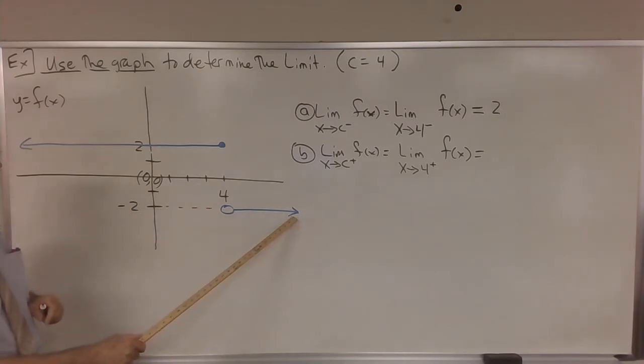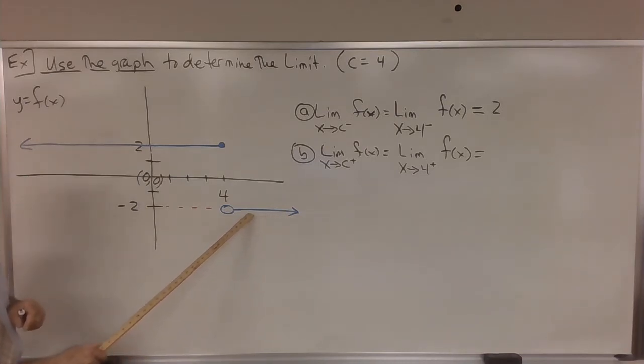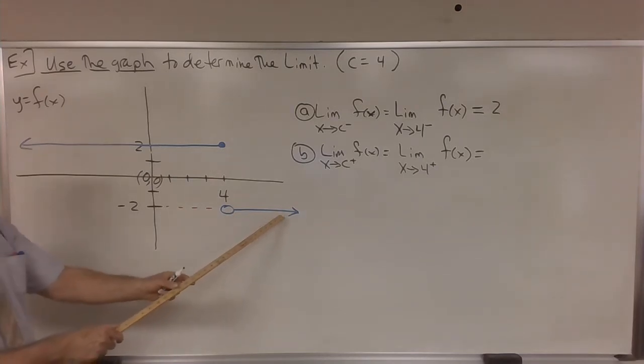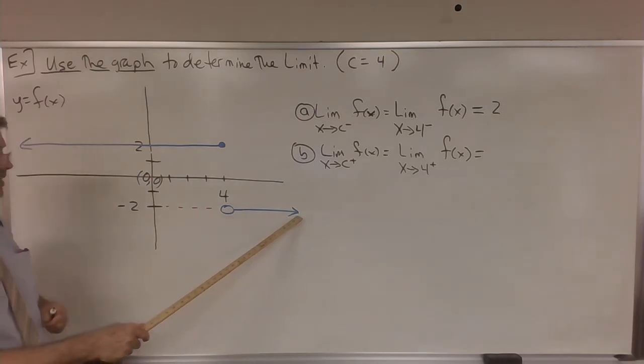So the y value is getting arbitrarily close to the only value that it assumes here, which is -2.